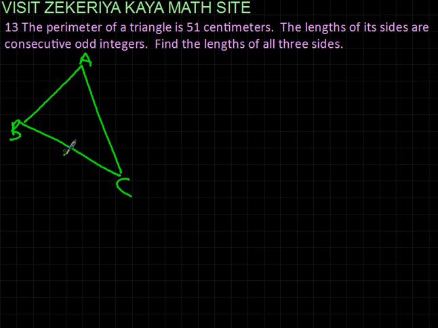How can it be? Like 5; if this is 5, the next will be 7. If this is 7, the next will be 9. Consecutive odd integers. Do you understand? For example, if this is 11, the next will be 13, the next will be 15. If this is 21, next 23, next 25.